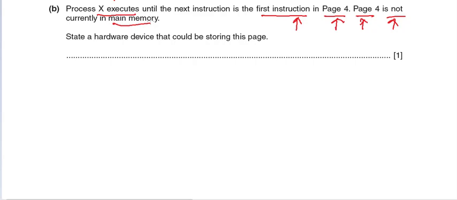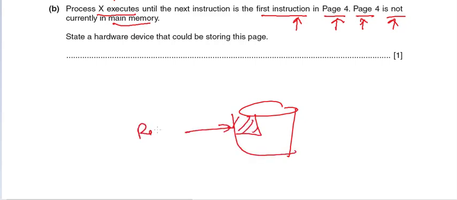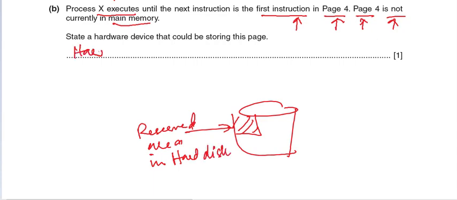If you've studied the concept of virtual memory, if a page is not present in the RAM, then that page is present in that reserved area in the hard disk. So our answer for this question is the hard disk drive.